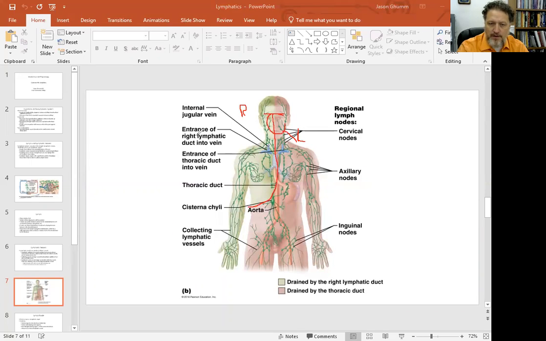You have your right lymphatic duct, which is right there where the right subclavian and the jugular come together in that region. And then you have the left side the same way: the left subclavian and the left jugular come together. It gets dumped back into the circulatory system, goes through the heart, and is transmitted throughout the body again.